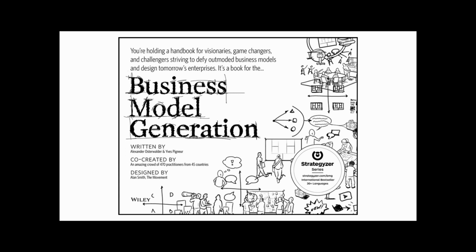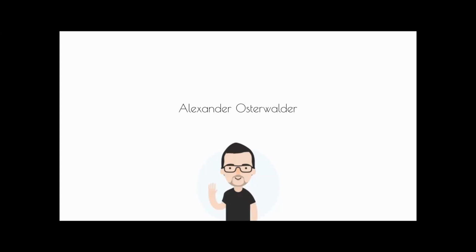It was developed by Alexander Osterwalder, who was a Swiss business theorist. This book and this canvas is very much a tool that you would think would come out of Silicon Valley. It actually came out of Switzerland. Although it's become popularized by a lot of major tech companies that use it.